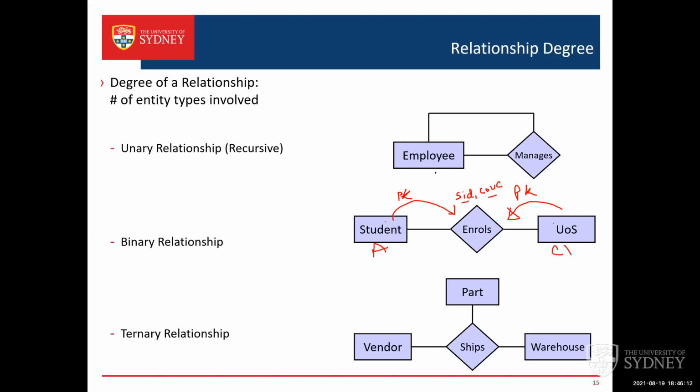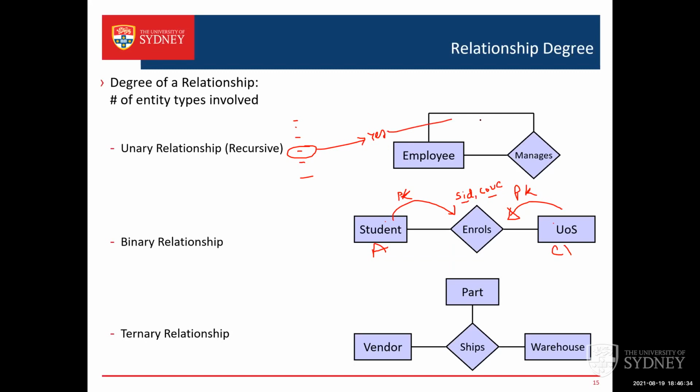For the unary one, what will happen? Think about the example I showed before: this person is a manager. That's fine, yes, he is a manager. Next question: he is a manager of whom? He might not manage all the other employees. There could be a specific set of employees that he manages, so we need to store that information somewhere.